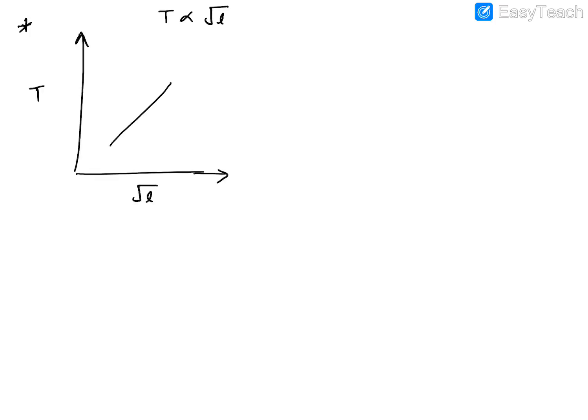So you'll draw just like this. If you check the same figure in the textbook, figure 1.17, you will find it a little bit more complicated. They've drawn those dotted lines and all that. You don't need to do all that. You can just draw this one simple graph, T versus root L, and this line. Also notice that the graph does not start from the origin. It will start from somewhere in between only.